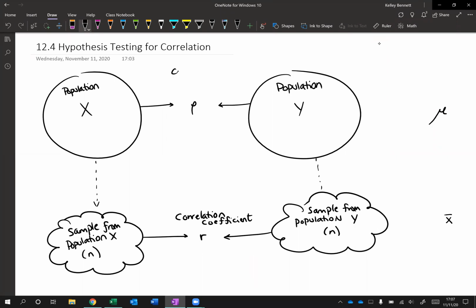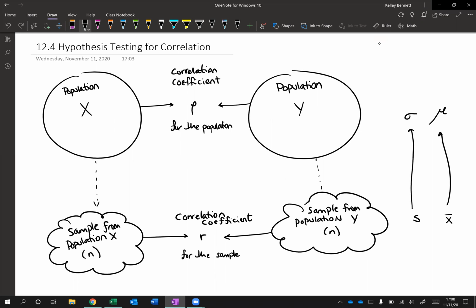This is the correlation coefficient for the population, whereas r is the correlation coefficient for the sample. Think about how x bar relates to mu, or how s relates to sigma. It's that very same idea between population parameters and sample statistics.